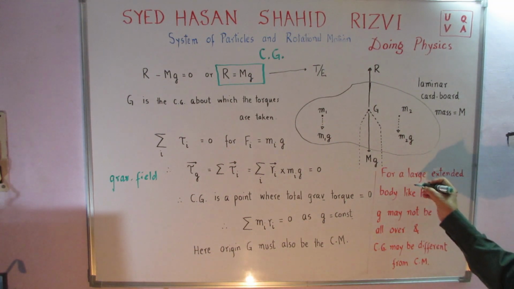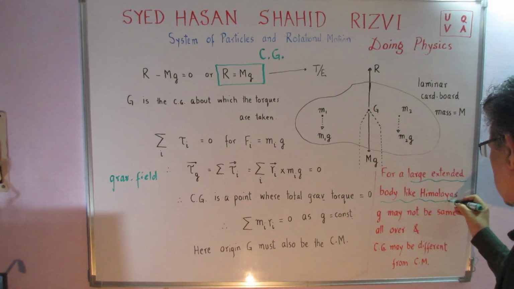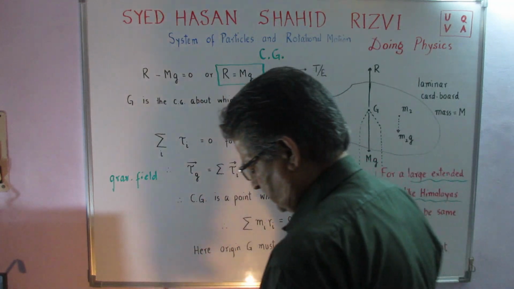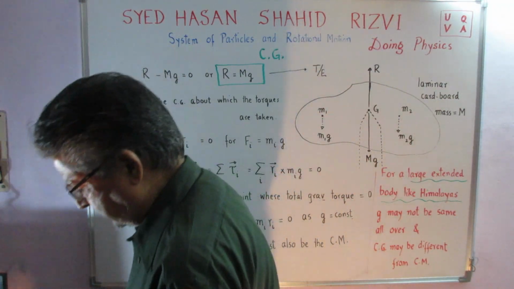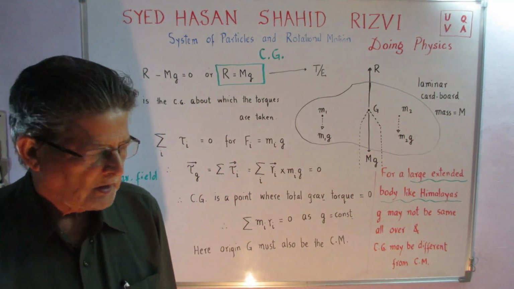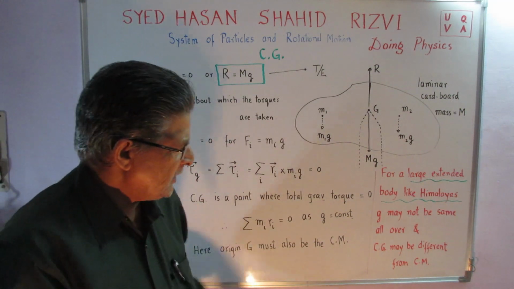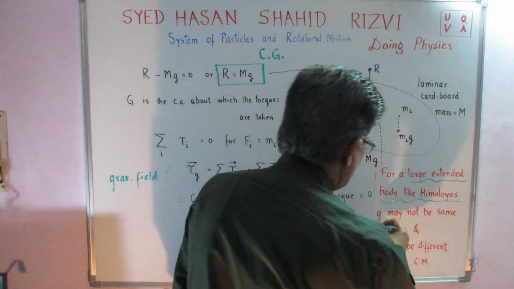But for large extended bodies like the Himalayas or the Alps, the center of gravity and the center of mass may not coincide, because G may not be the same all over.